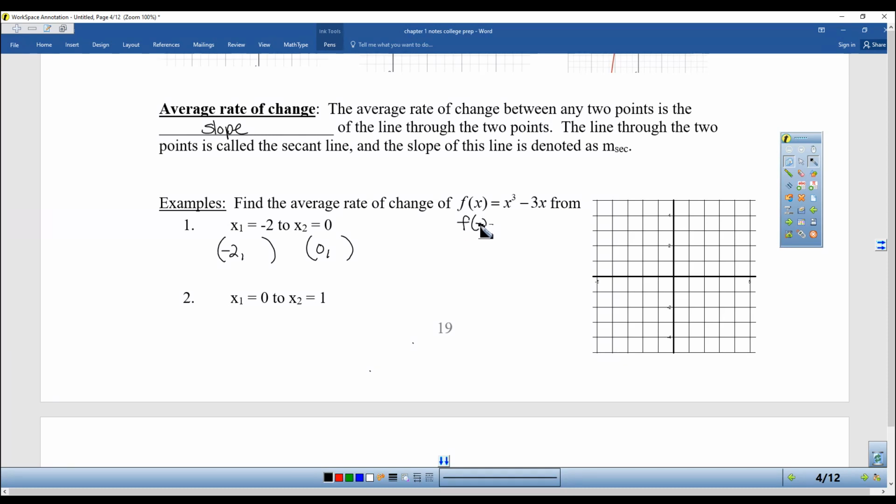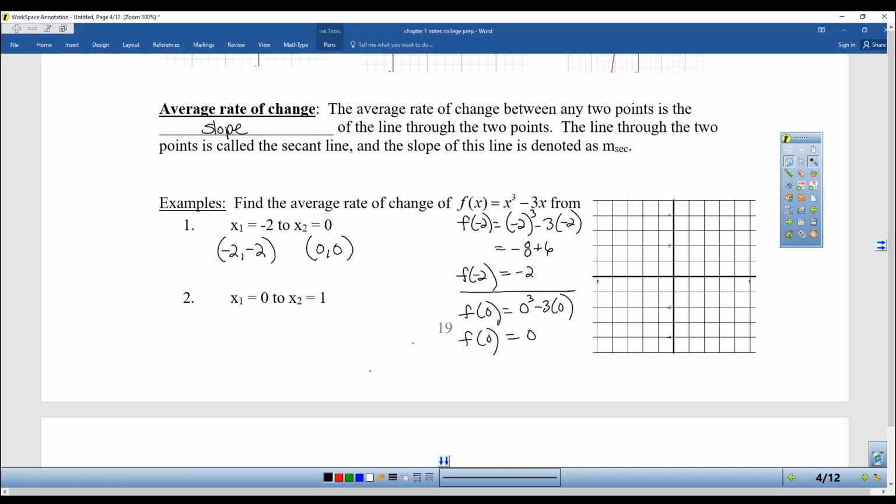So f of negative 2 is, make sure you got these parentheses in there, negative 2 cubed minus 3 times negative 2, which is negative 8 plus 6, which is negative 2. So negative 2 actually goes with negative 2. And then f of 0 is 0 cubed minus 3 times 0, and that is also itself.